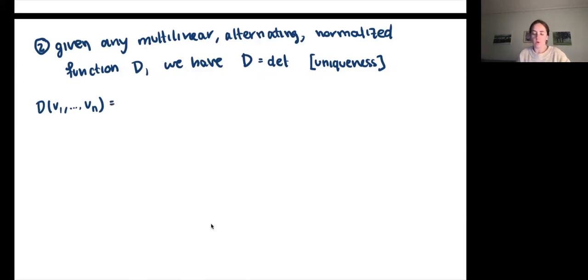So let's say v_1 is written as a linear combination as follows: v_11 e_1 plus and so on up to v_1n e_n. These v_11 up to v_1n are the coefficients needed in order to write v_1 as a linear combination of the standard basis vectors.